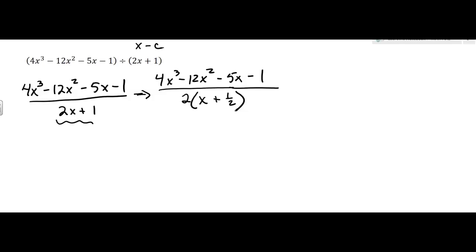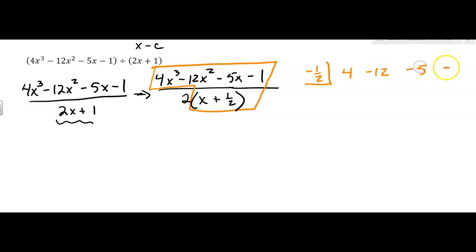Okay? Now, I'm going to take this part and do the synthetic division. So I'm going to put negative 1/2, and this part's in the video, so I can do it again. The numbers might have been a little different, but it was pretty much the same.